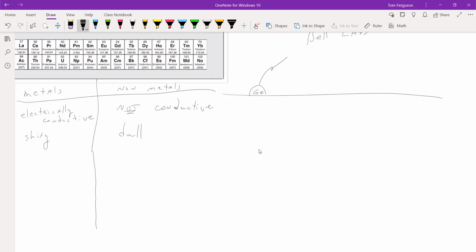Yes, so is a non-metal. So keep that thought though. Malleable. Good, good. So malleable means you can bend it, shape it. You can pull it or compress it.